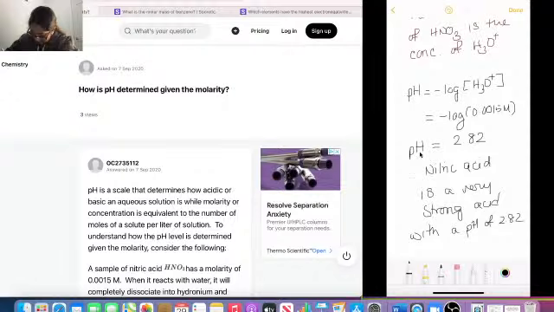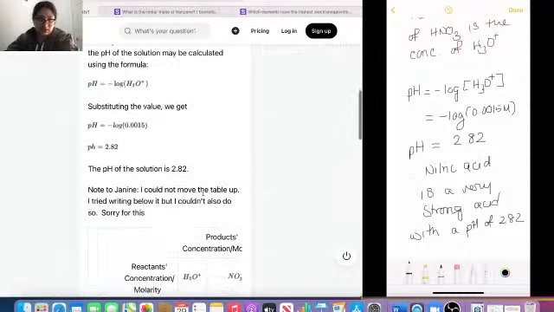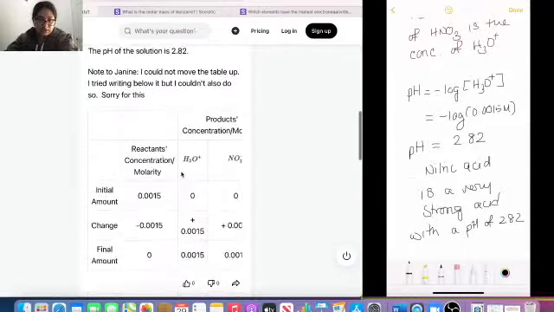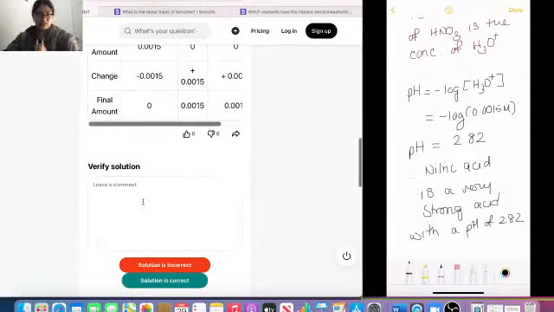This is very low, and so you can see it's very, very acidic.